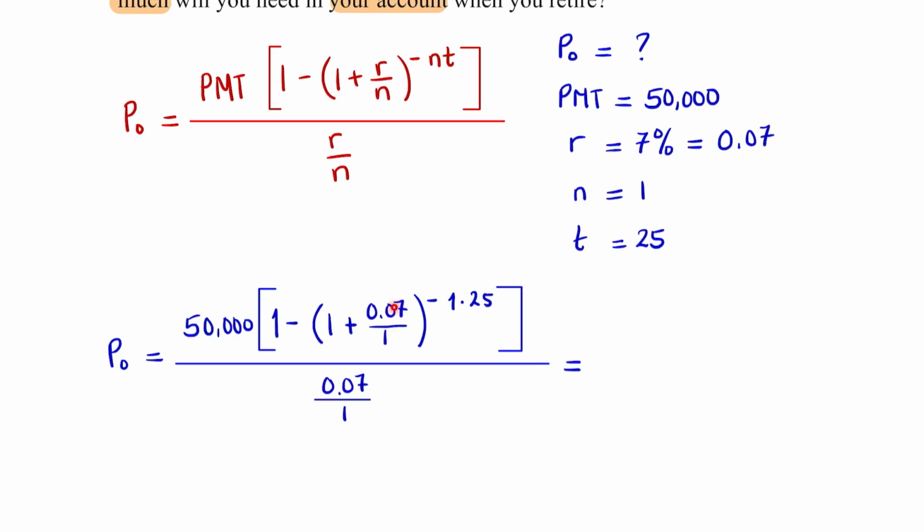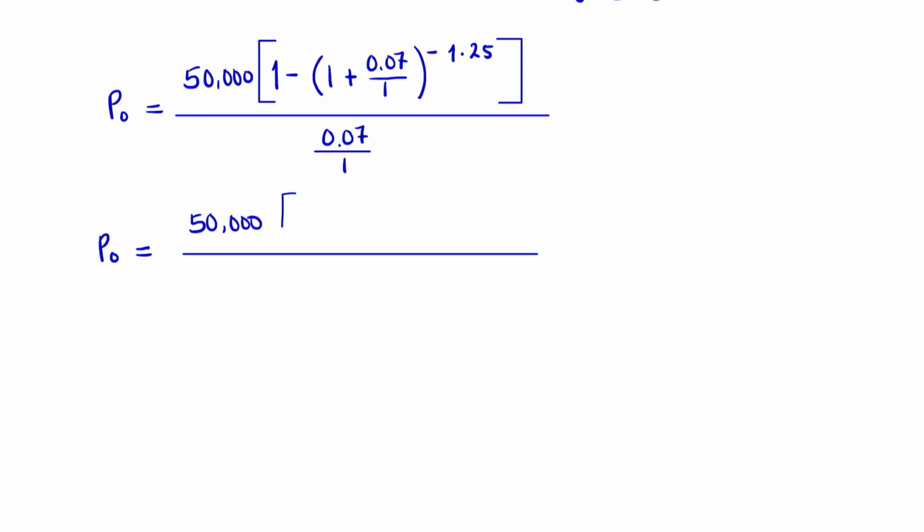From here, I'll start simplifying the fractions first. I'll take 0.07 divided by 1, which is 0.07. And up here, negative 1 times 25 is negative 25. From here, I'll take 1 plus 0.07, which is 1.07.